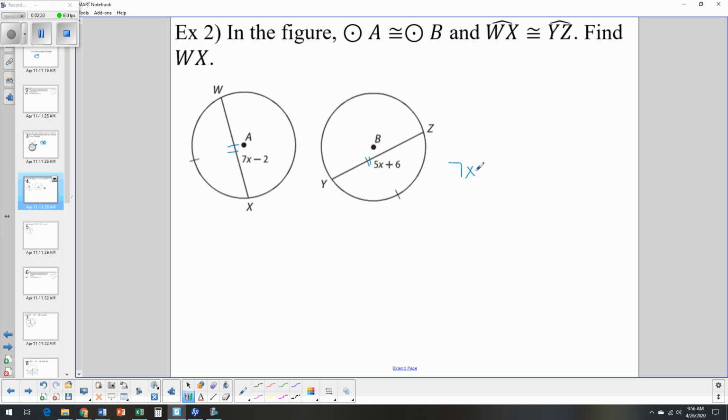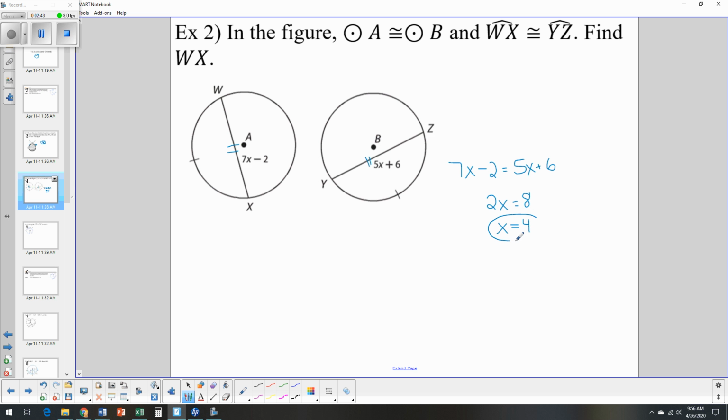So I'm going to set them equal and solve. I know I could subtract 5x. I can add 2. So now 2x is equal to 8. Divide both sides by 2. We get x is 4.